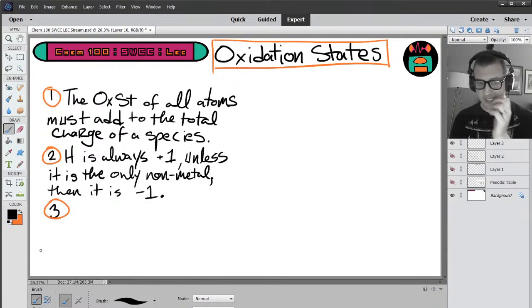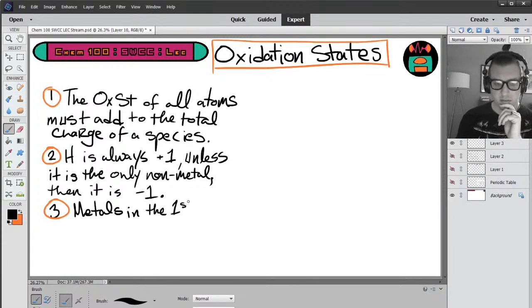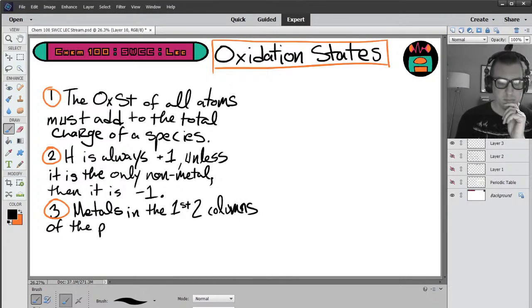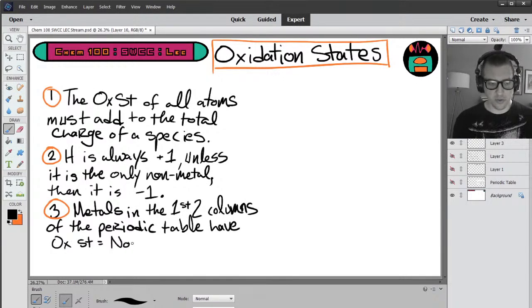When you are assigning oxidation states, metals in the first 2 columns of the periodic table have oxidation states equal to their normal charge.